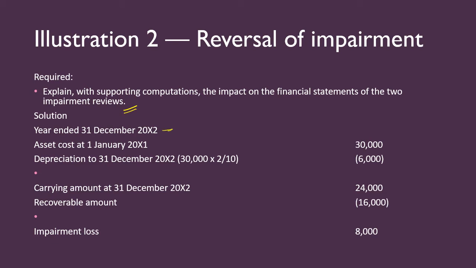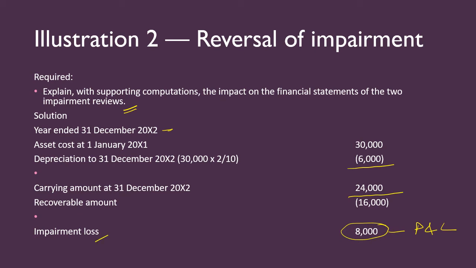Asset cost on 1st January was 30,000 and the depreciation is 6,000, so the value of the asset was 24,000. The revaluation took place on this date and the value of the asset is reassessed at 16,000. So the loss is 8,000, which is transferred to the profit and loss statement.